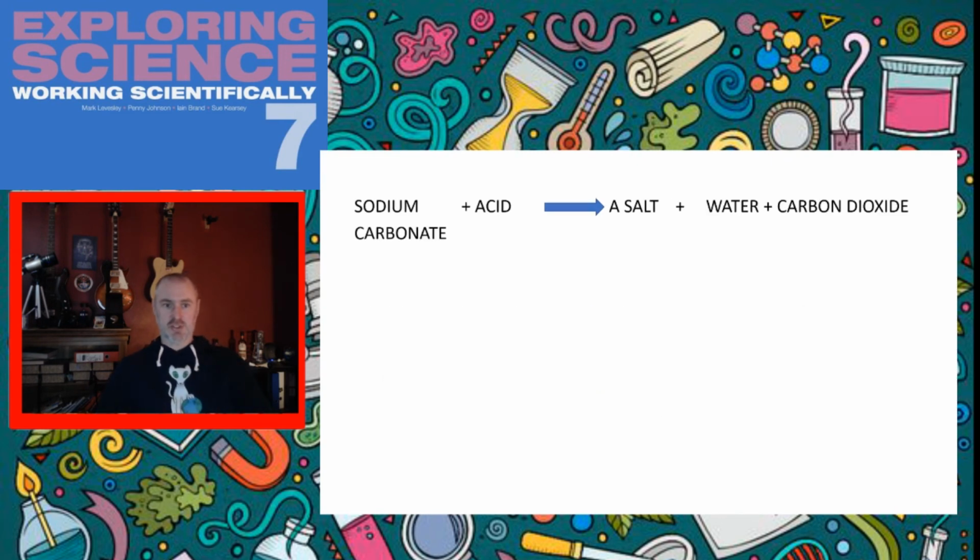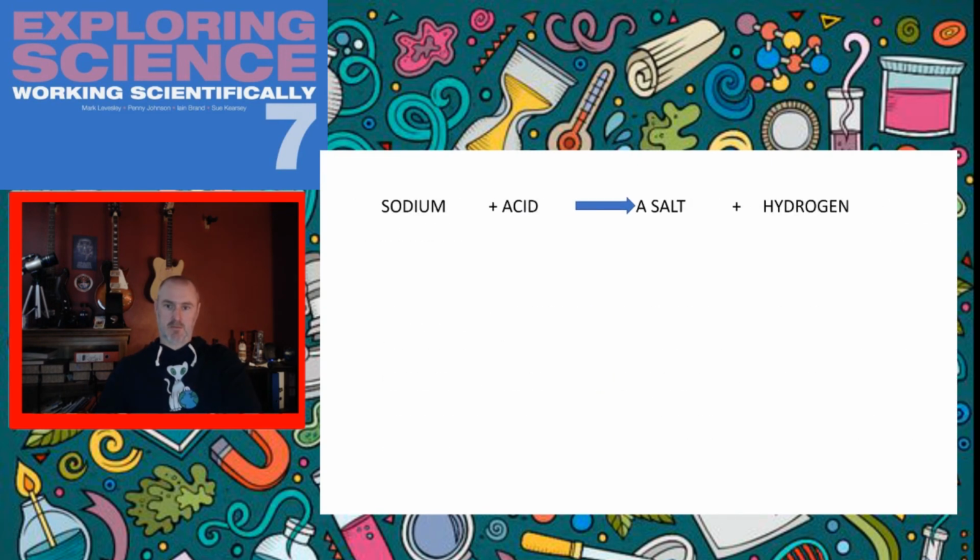Now, it is also worth discussing that there is one other option as well. We can add just the metal to the acid, without the oxide, without the carbonate, without the hydroxide. We can just add pieces of metal, and that will give us this reaction here. We will still produce a salt, and that will be named in exactly the same way.